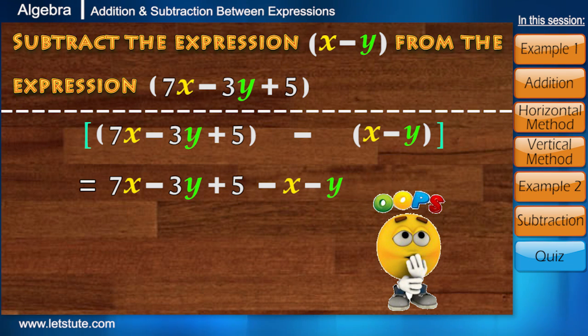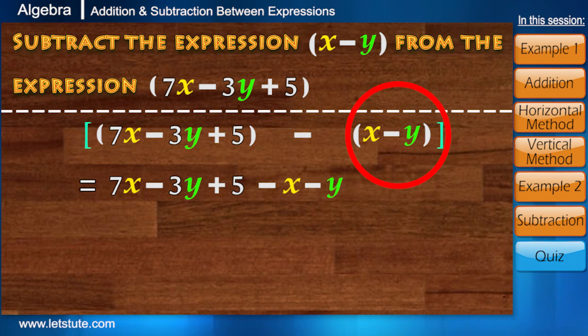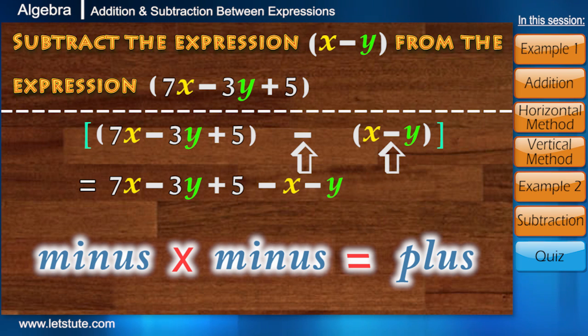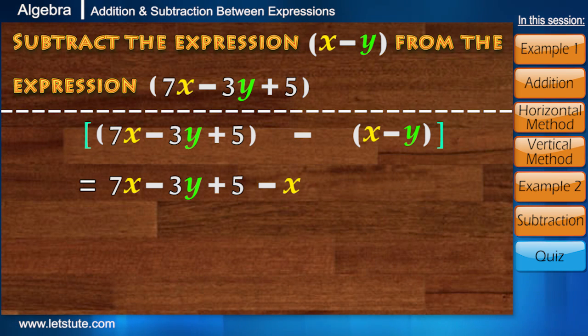Oh, I have made a mistake here. Can you find where? While opening the bracket, I forgot that here y has a negative sign. So this has to be plus y. And we write 7x minus 3y plus 5 minus x plus y.